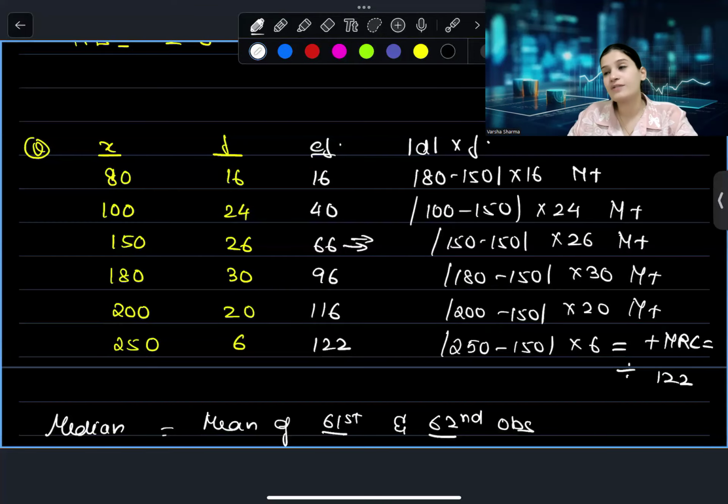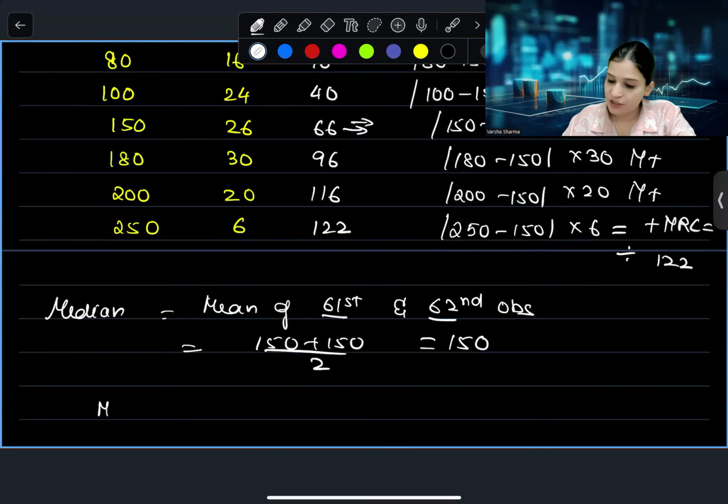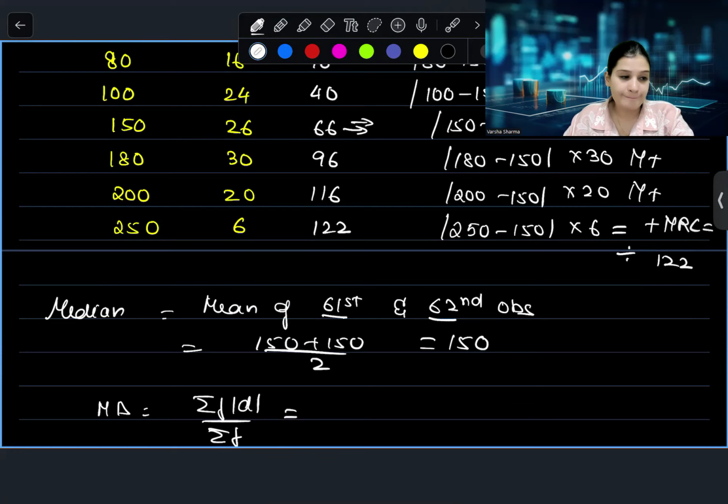For deviation, we always find the mean deviation. Before that, what you are finding, that's an error. So mean deviation is summation fD by summation f. Answer? 39.50.